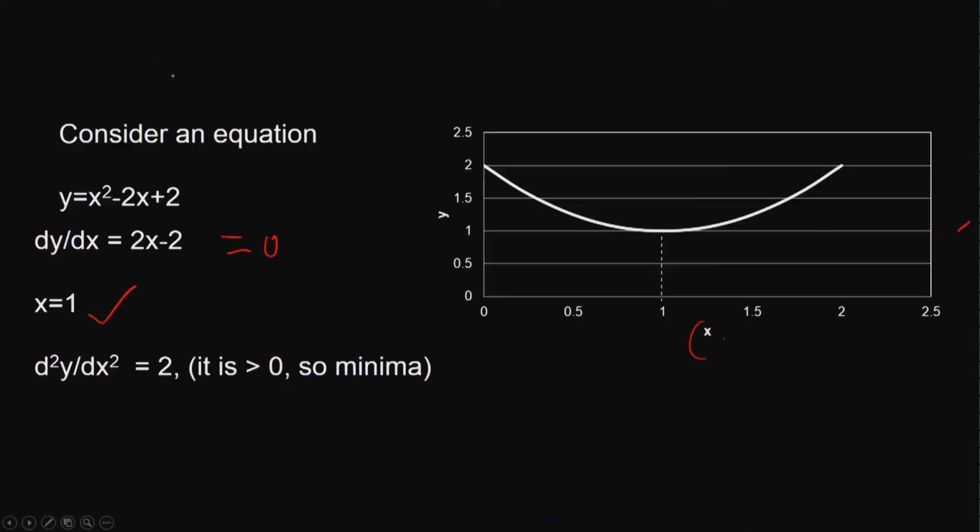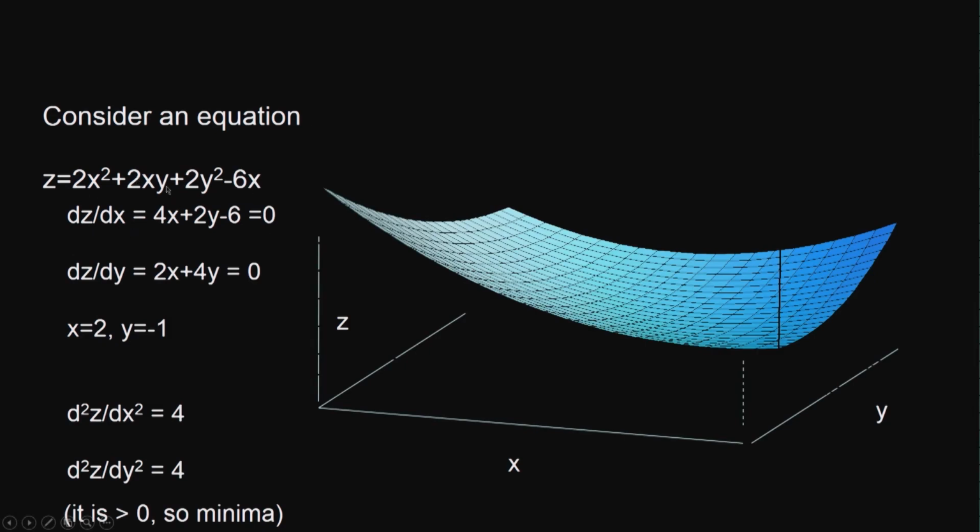Let us look at this, this is a one independent variable problem. Let us look at two independent variable problems, x and y, and z is your dependent variable. So, here how do I find x and y? I need to partially differentiate the z function with respect to x and with respect to y, and then equate it to 0.